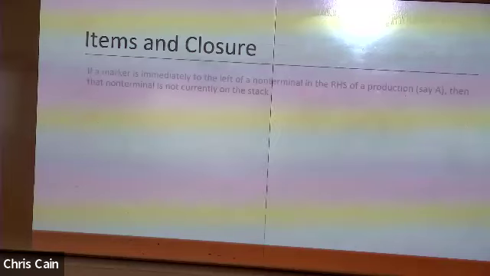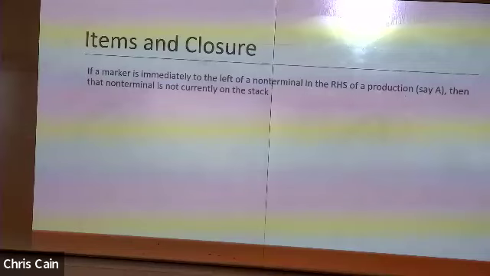We then started talking about closure, which is what we need in order to move the marker in an item forward over a non-terminal. Because as we know, we're not pushing non-terminals onto the stack, we're only pushing terminals onto the stack, which means that we need to do a reduce operation to get a non-terminal on the stack so that we can map some right-hand side to a left-hand side and do another reduce.